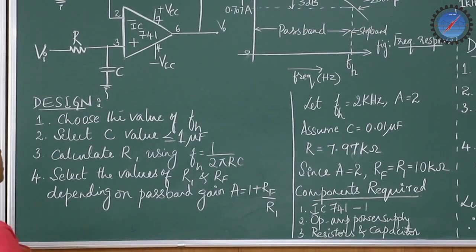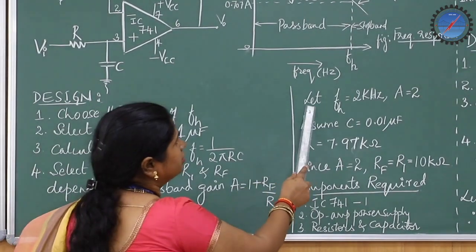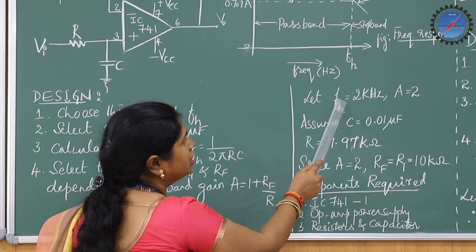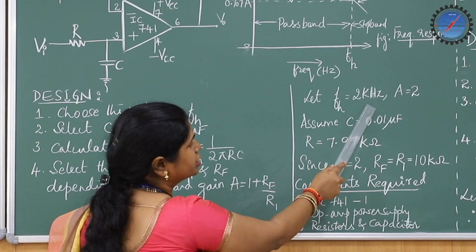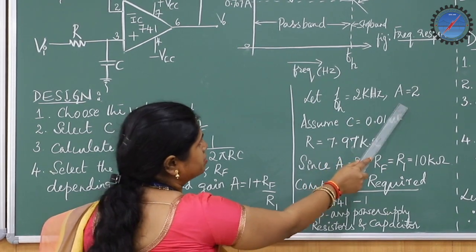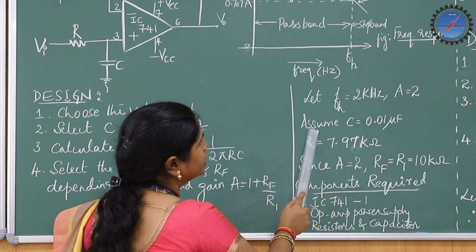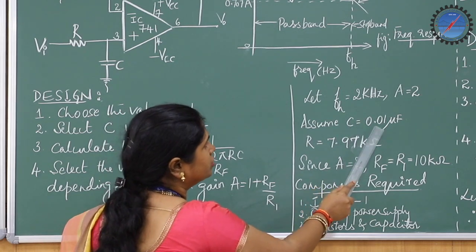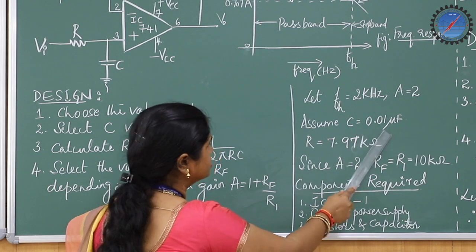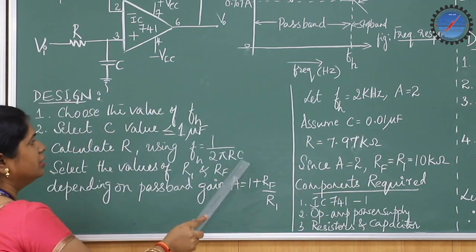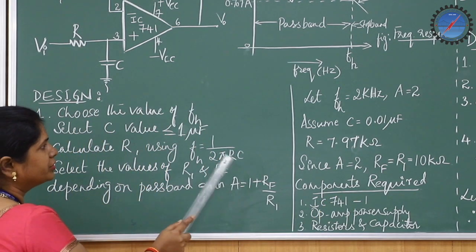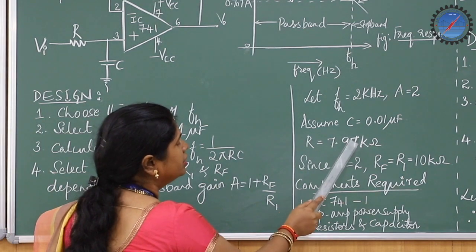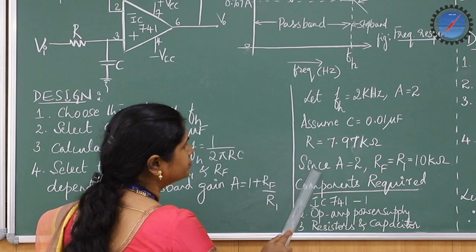So let us consider the upper cutoff frequency. For our experiment, we have taken upper cutoff frequency fh equal to 2 kHz and passband gain as 2. Also let us assume the capacitor value C is equal to 0.01 microfarad. Using the upper cutoff frequency equation fh, we can find the R value, and we have got it as 7.97 kilo ohms.